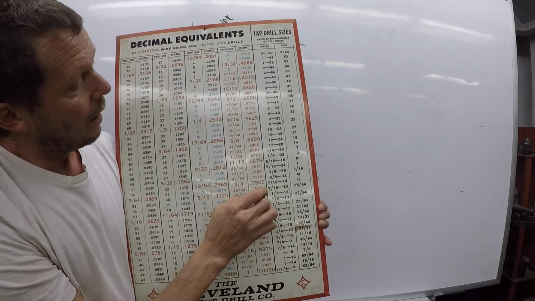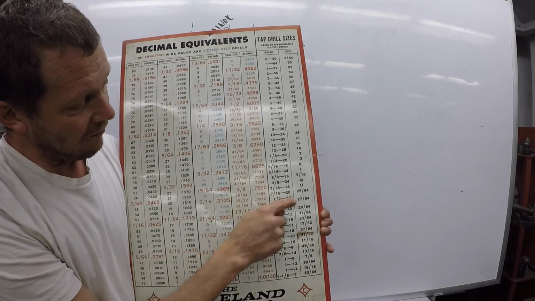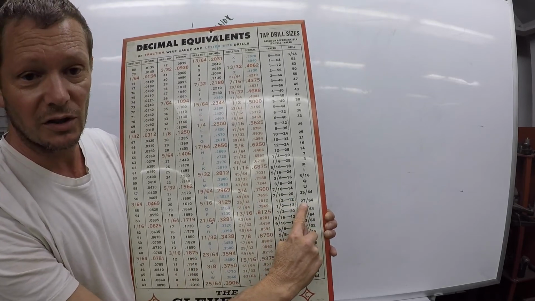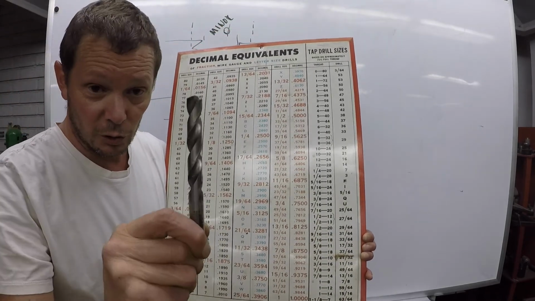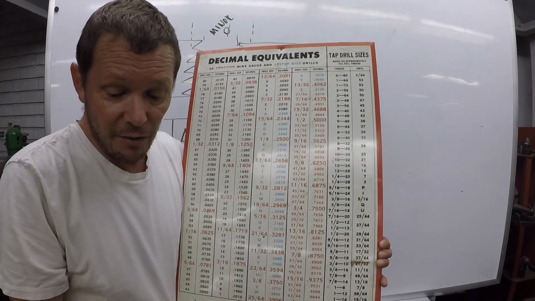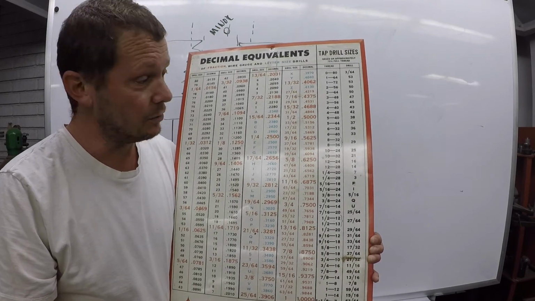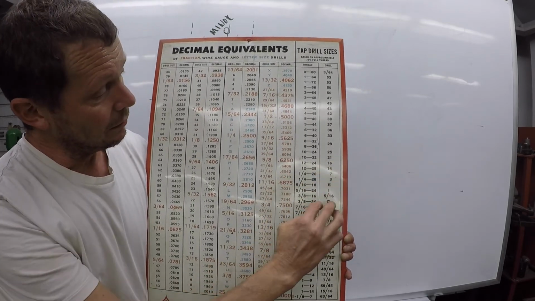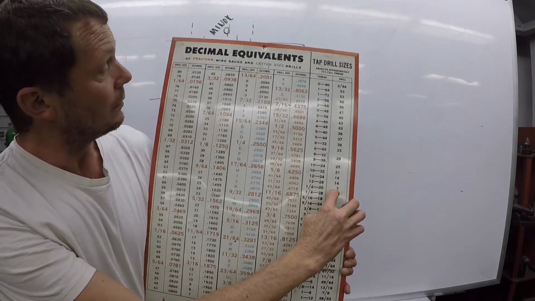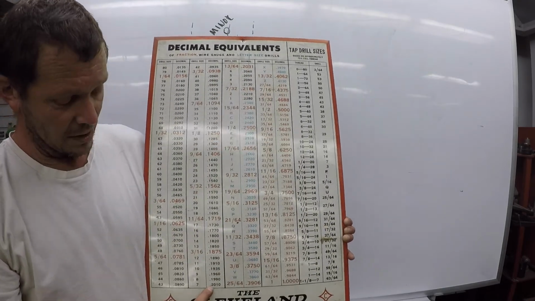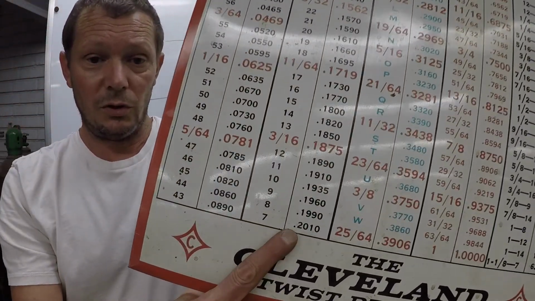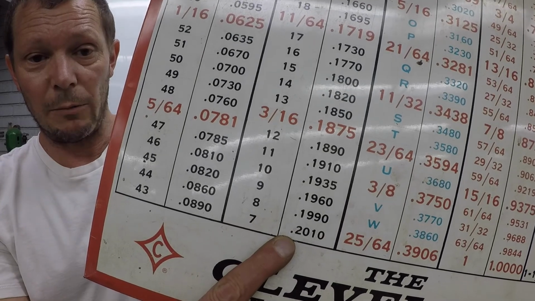Half 13 takes a 27/64 drill bit, which is the size you drill first, and then you use the tap to make the threads. And you can see here, quarter 20, number 7. There it is, .201. That's the diameter of that drill bit.